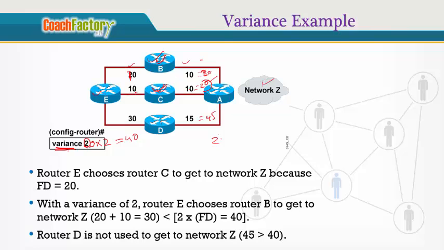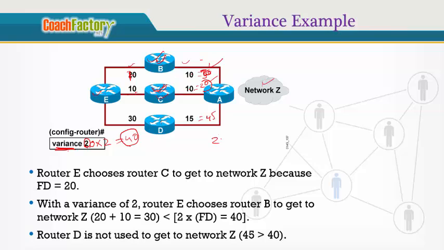It means any other path which has an FD value equal to or lower than 40 will be included in the routing table as the best path. So here in this scenario, apart from router C, which one has an FD value lower than 40? That is 20 plus 10, 30. So this will be included in the routing table as the best path.